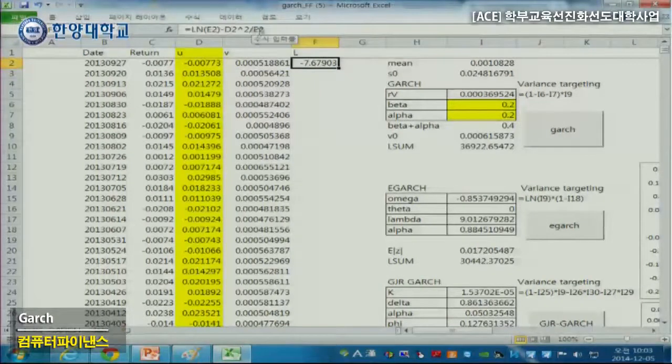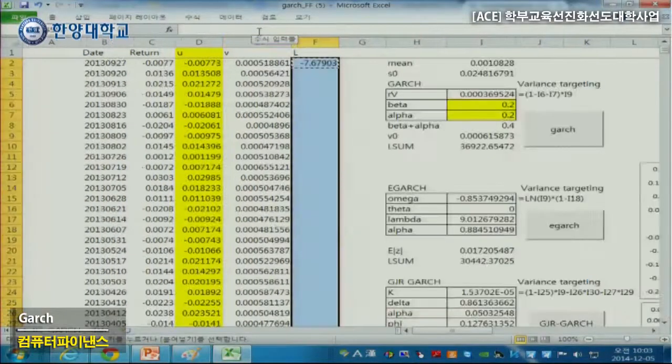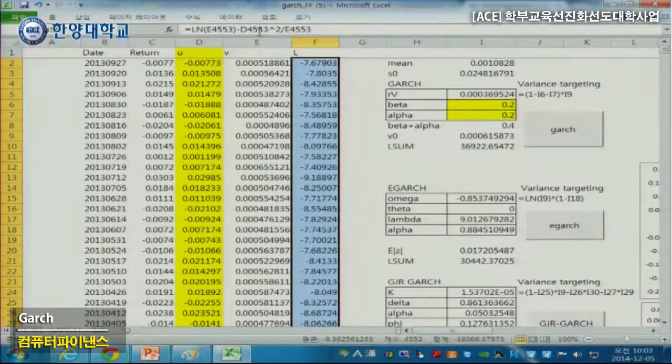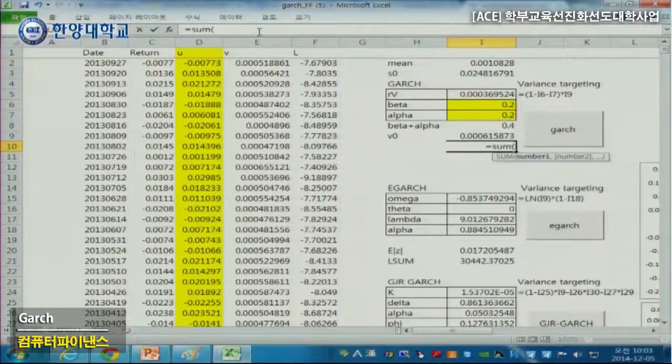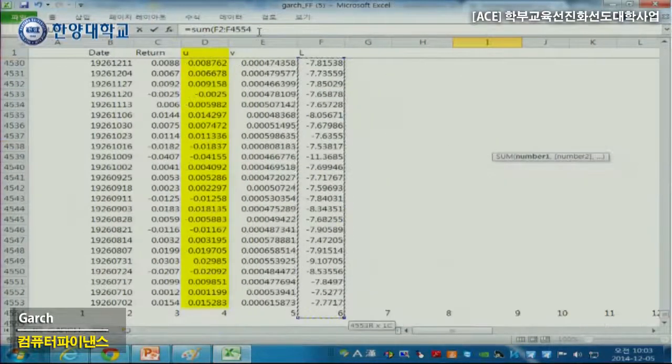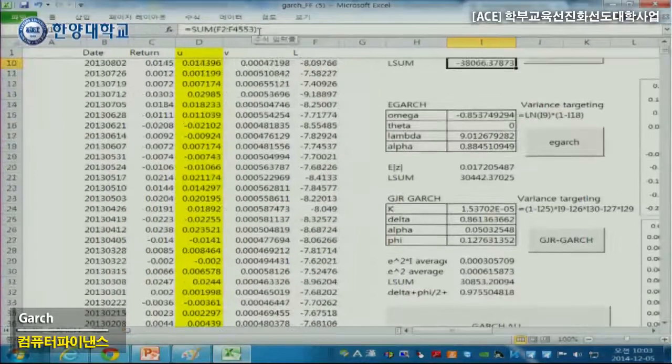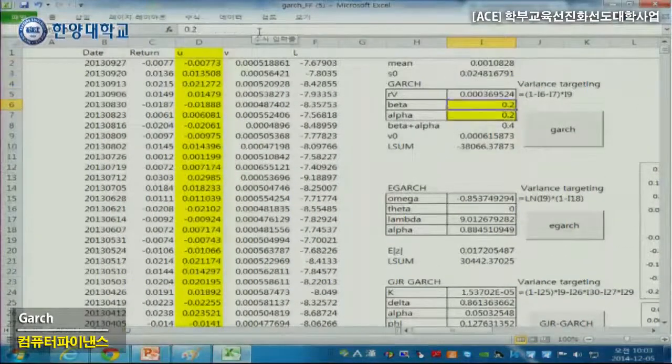And then we want to calculate this one every day, and then sum it all. This is the sum of the entire likelihood. And then we want to maximize this one with respect to our alpha and beta only, because I did the variance targeting.